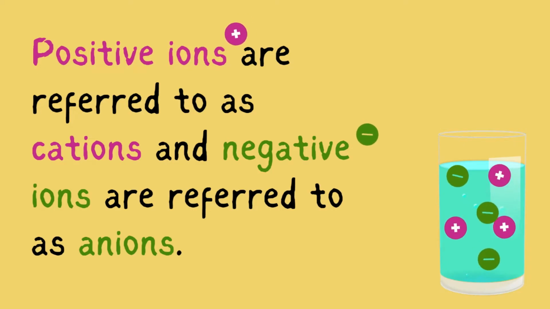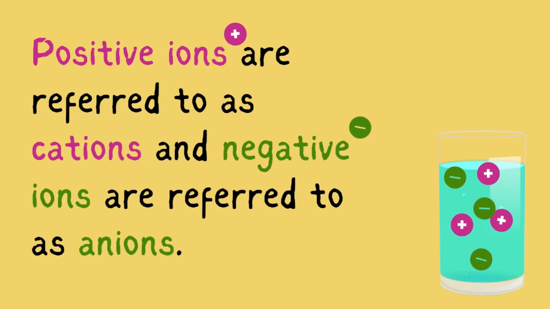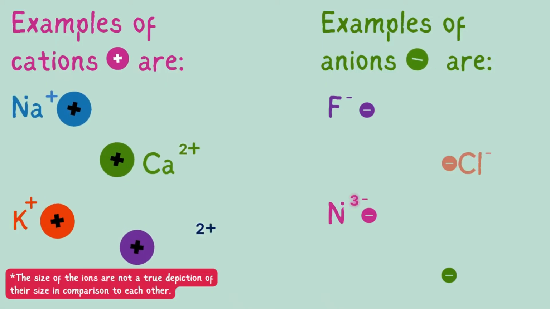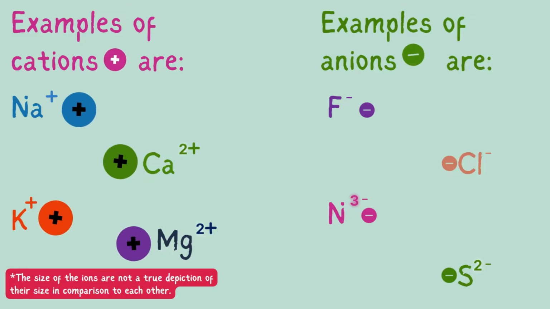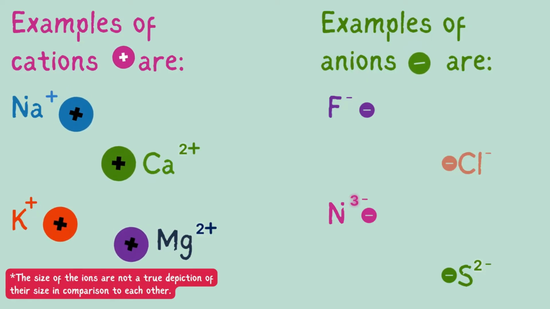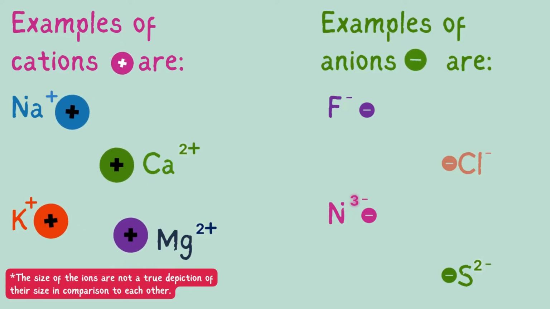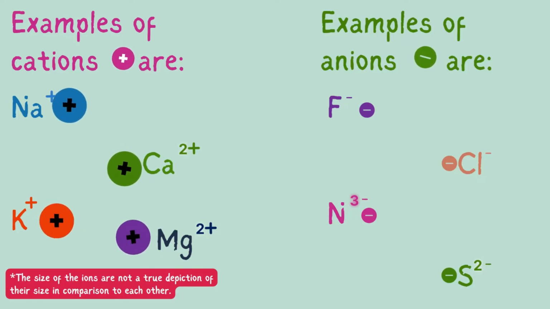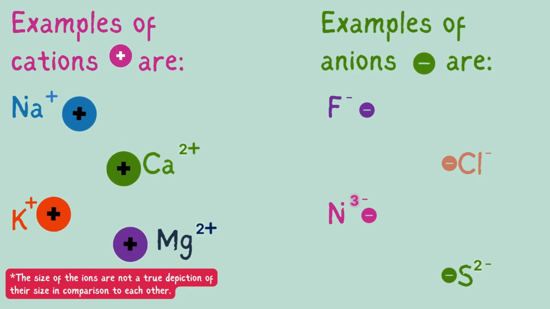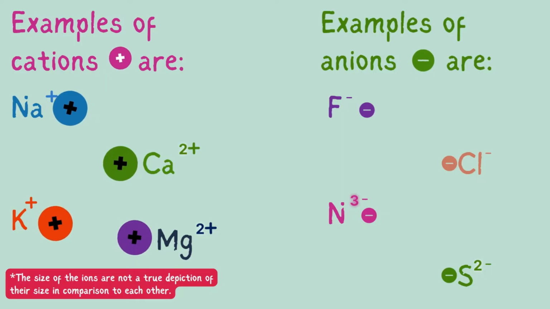Positive ions are referred to as cations, and negative ions are referred to as anions. Examples of cations are sodium, calcium, potassium, and magnesium cations. Examples of anions are fluoride, chloride, nitride, and sulfide anions.